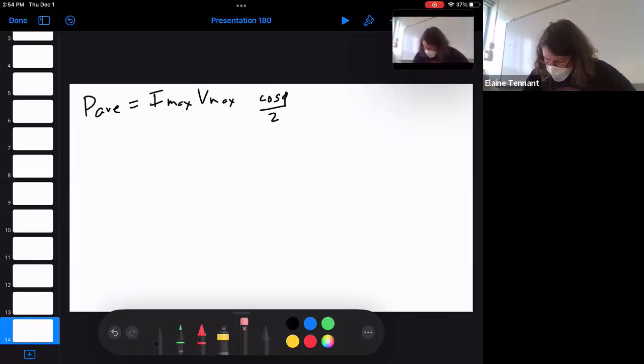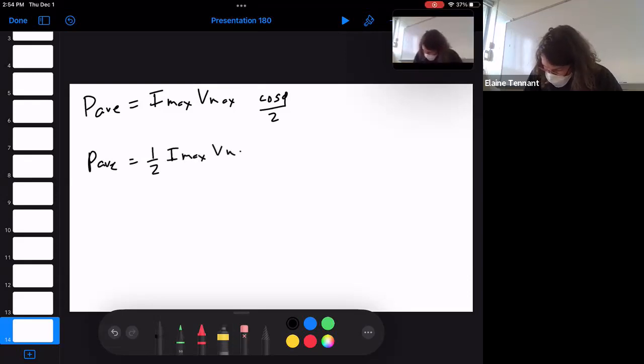I don't even really need that right there. Let me write this, just because people usually write it like this. This is 1/2 Imax Vmax cosine phi. And people write it like this because they care about this cosine of phi. It's called the power factor.